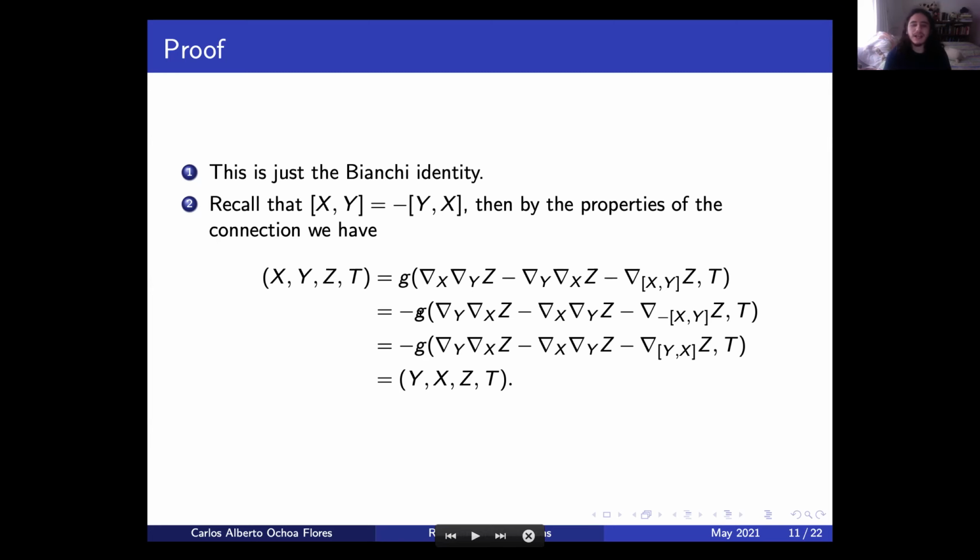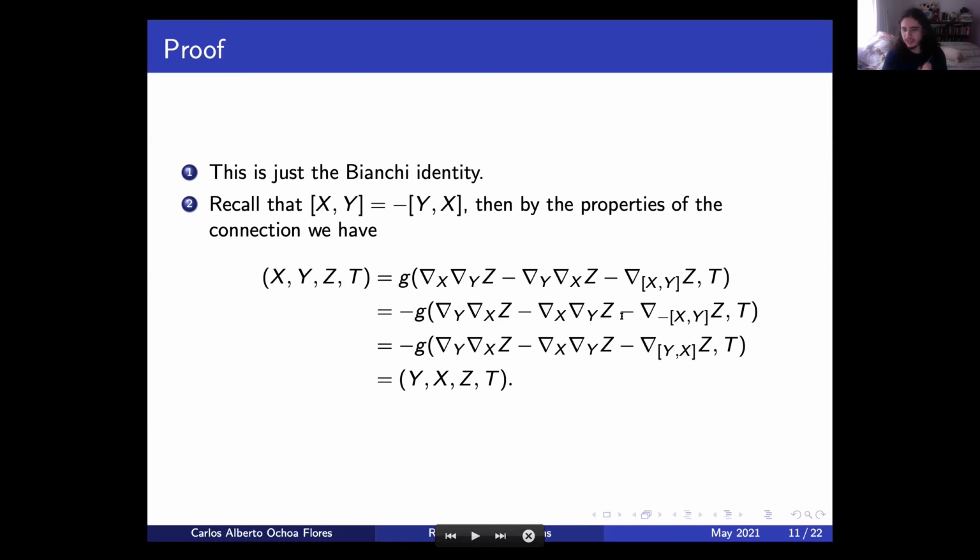By bilinearity, we can take one of the -1s and multiply everything else by -1, so we change the sign of this and this, so they appear in the other order. And here, instead of changing the sign, we put the -1 here.